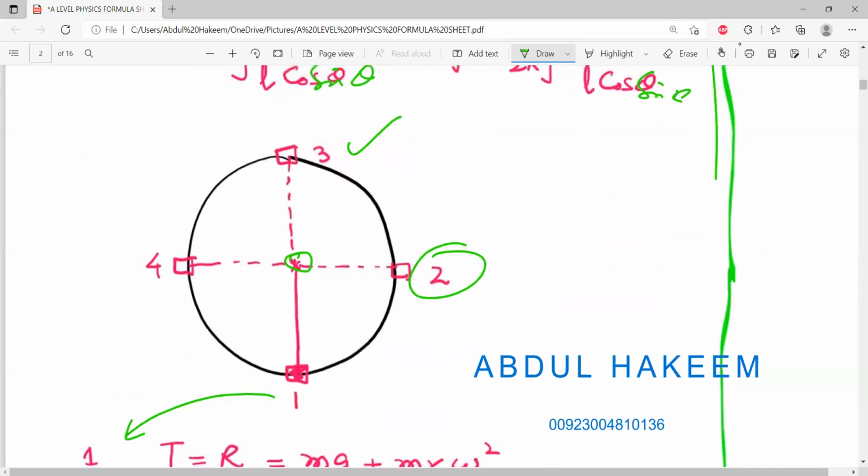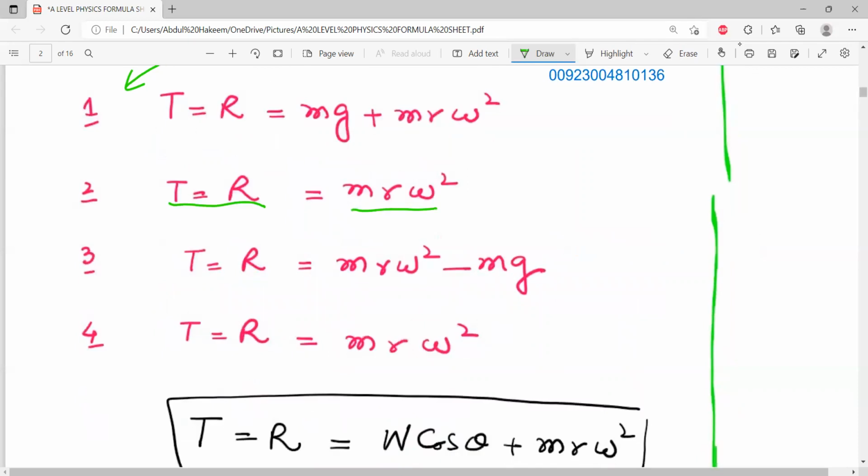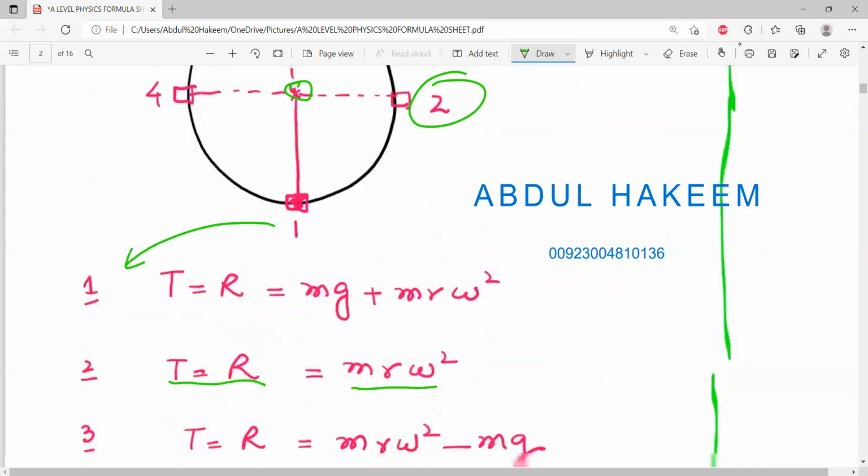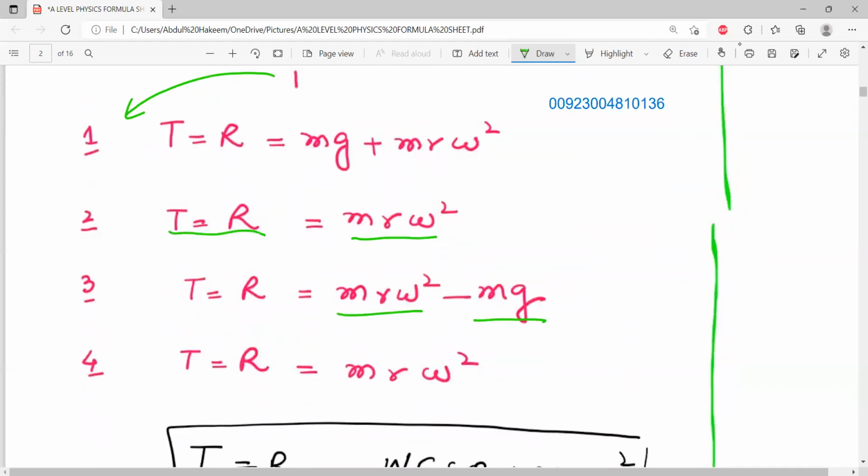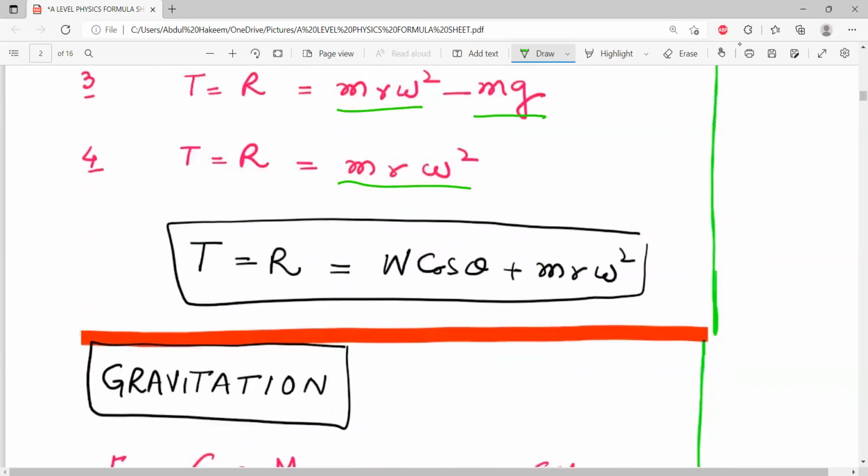But at the top, the tension or reaction is equal to m r omega square minus mg, meaning centripetal force minus weight. And again, at number 4, T and R are both equal to the centripetal force. The general formula for vertical circular motion is tension in the string or the reaction at the center is W cos theta plus m r omega square.